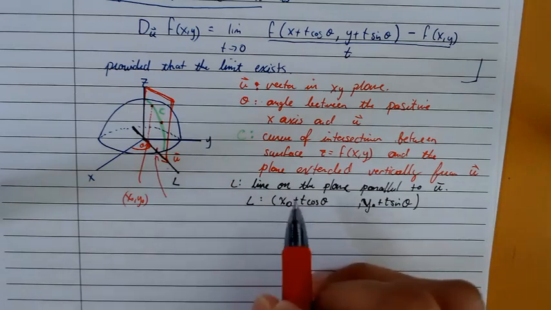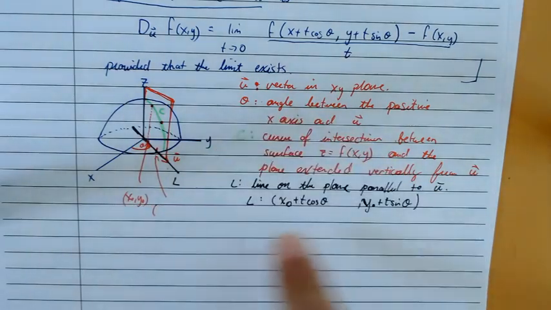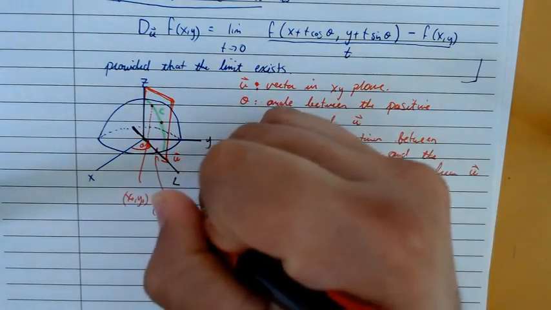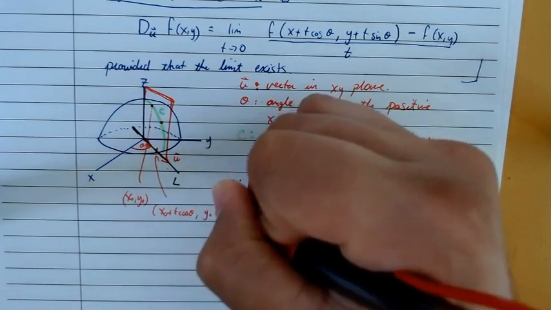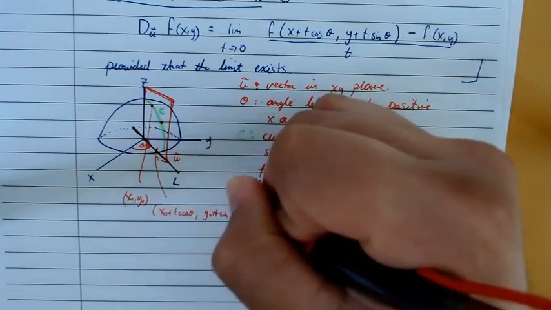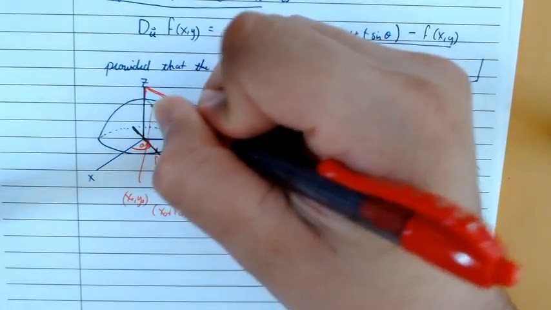Since the parameterization we see here gives us all the points along this line, here we could just call this point right there, x naught plus t cosine of theta, comma, y naught plus t sine of theta. Okay, well then this height, how tall is this?